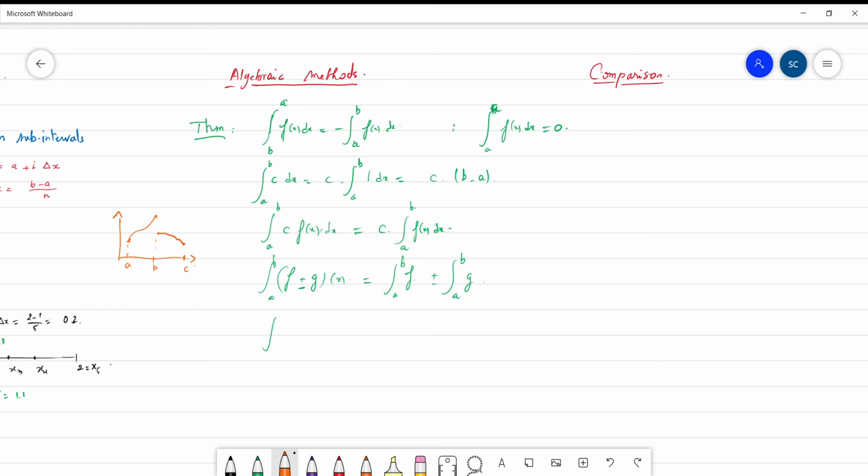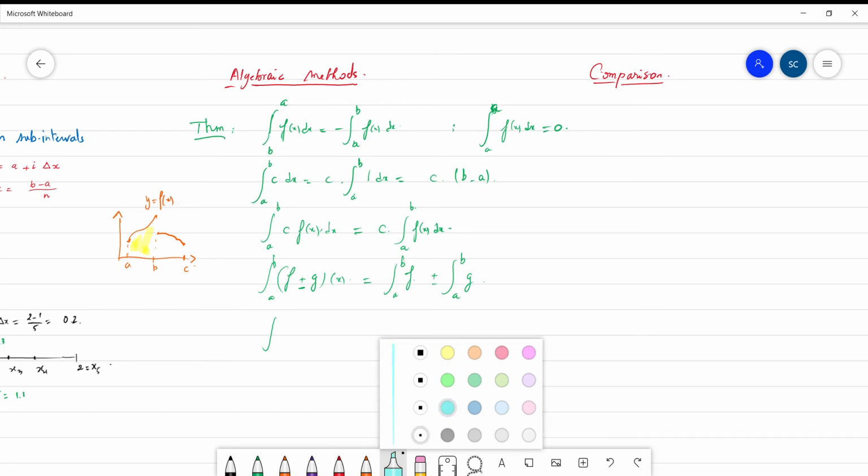This is my function y equals f(x). So computing the total area consists of adding this area plus this area. So it's the sum of two areas.